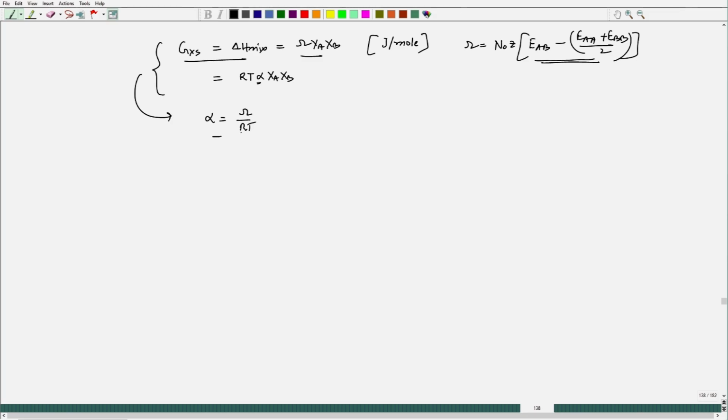In that case this alpha can have a very small value, and accordingly we can have simple plots of del H mix as well as del G mix. This alpha can have a value from 0, 0.5, 1.0, 1.5, like that we can go ahead. But otherwise, if we go with this omega term, it will have a large value. So, in order to simplify that, alpha is considered.